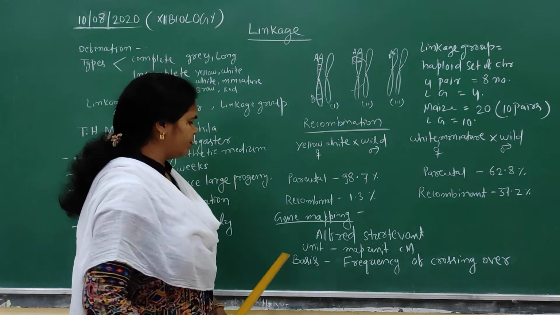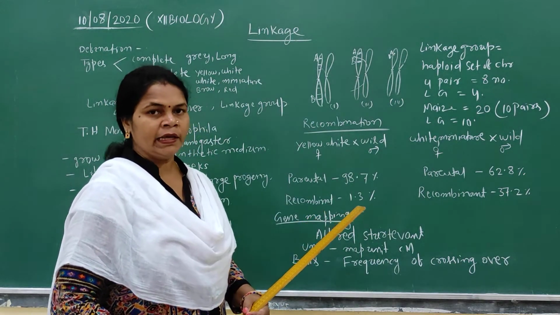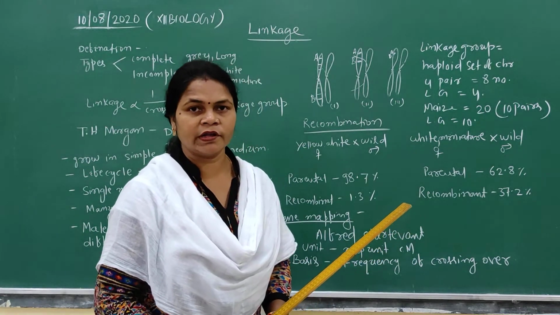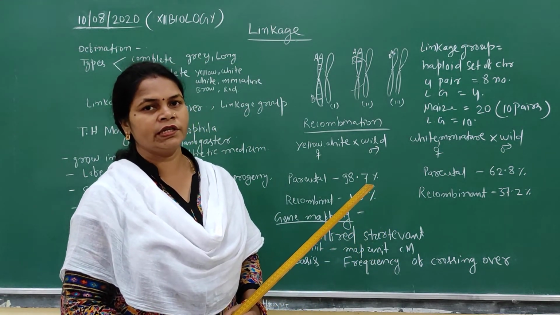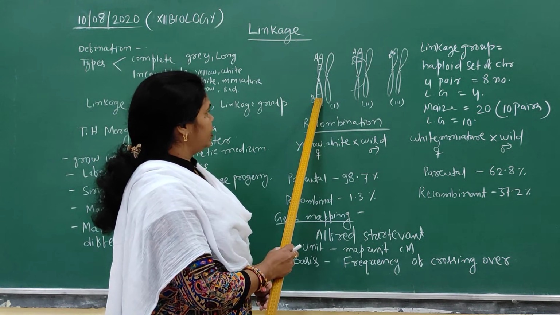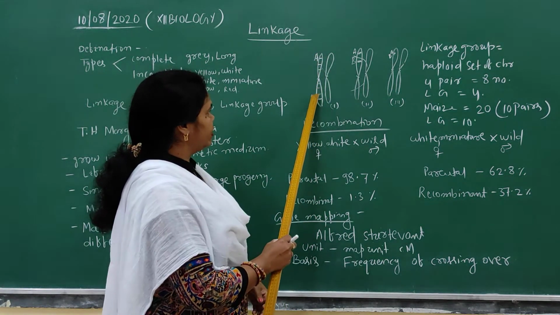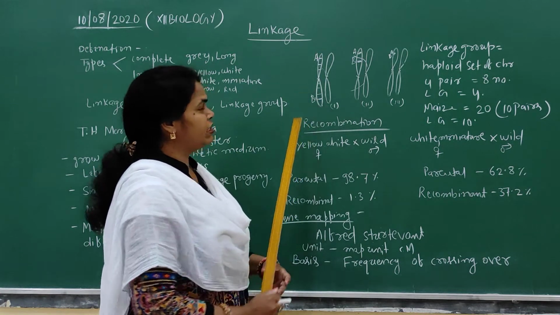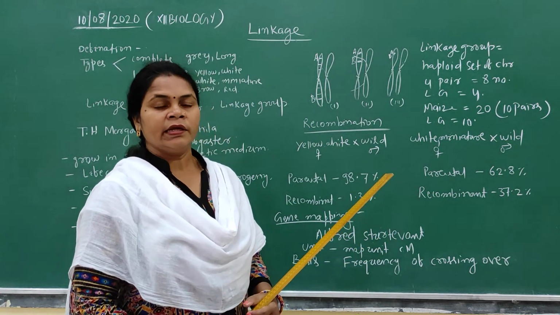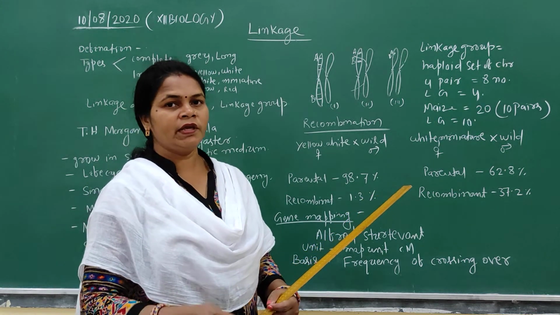And what is the basis of gene mapping? The frequency of crossing over is the basis of gene mapping. For example, if the genes A and B are distantly located, the crossing over frequency will be more.